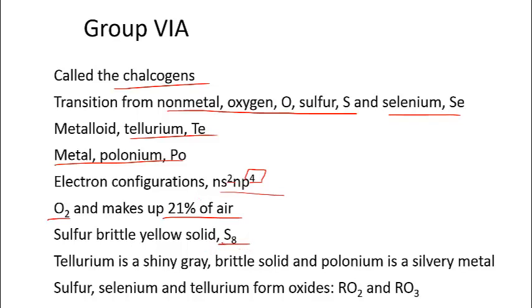Tellurium is a shiny gray, brittle solid and polonium is a silvery metal. Now, sulfur, selenium, and tellurium all form oxides in the form RO2 or RO3.